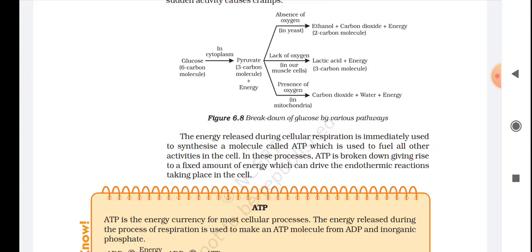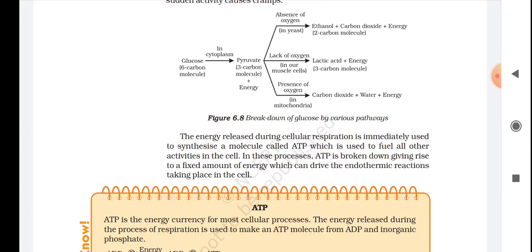In this arrow, you have seen that carbon dioxide is written plus water plus energy. This energy is what? ATP. Water is formed in the process of ETC, that is your electron transport chain, and the carbon dioxide is produced in the first step, the Krebs cycle. So you have seen that aerobic respiration has two steps.